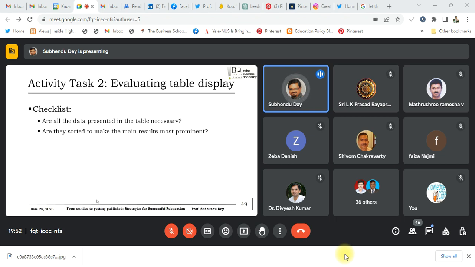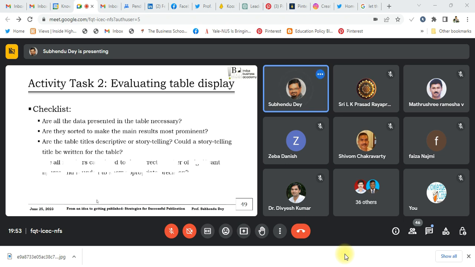I said tables give you the numbers, but the numbers also tell you some story. The title will tell you what exactly is the story behind the table, right? It's extremely important that your title is also prepared properly. So you should look at that point as well.